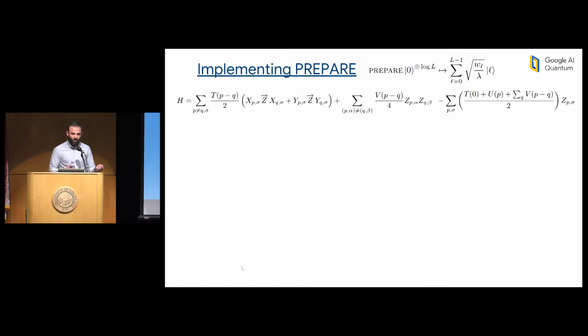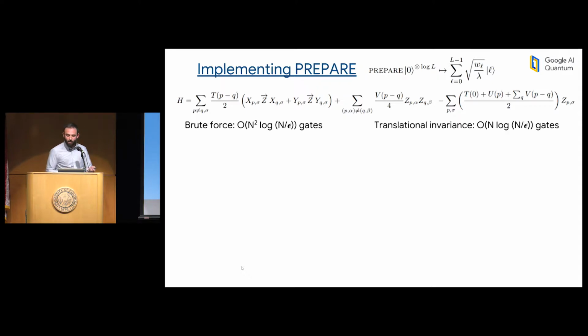So again, this is our Hamiltonian. You might think that this is the prepare operation again. We're trying to realize this state, and you might think of a brute force solution here. There's n squared terms. You could figure out a brute force way of doing that in n squared log n gates. But you might realize, hey, the parts of this Hamiltonian with n squared terms, the Coulomb and kinetic operators, are actually translationally invariant.